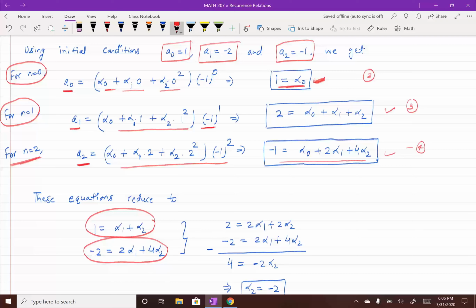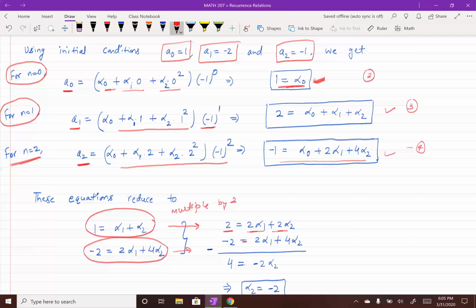Okay, so then you can multiply this equation by 2. If you multiply by 2, this side will be -2, and this side will be 2 alpha 1 plus 2 alpha 2, and you keep the second equation as it is. So this side will be -2 equal to 2 alpha 1 plus 4 alpha 2.